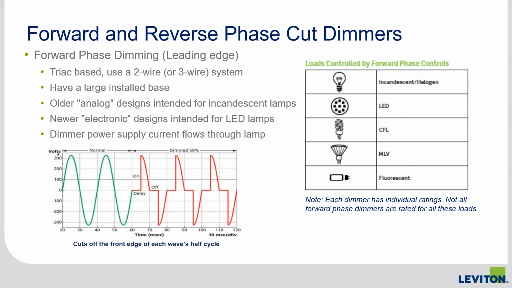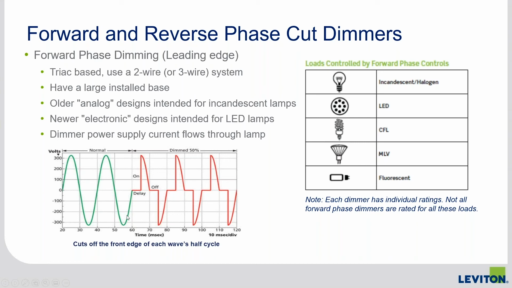So when we talk about different types of load controls, you're going to hear forward, reverse phase, you're going to hear leading edge, trailing edge. Really what this means is how the physical bulb or fixture is being controlled. Now, when we talk about forward phase dimming, we're saying that the signal is being cut on the front edge, on the front half, the forward half of the wave. So if you look at this green line over here, that's a normal sine wave.